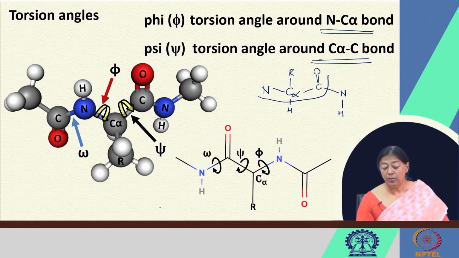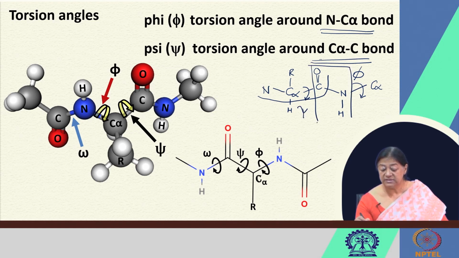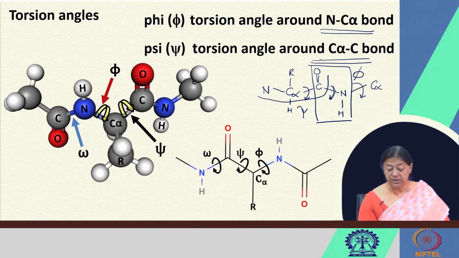So, the next N comes here, right. Now when we have the rotation about the C alpha C bond, that is the psi angle. When we have the rotation about the N C alpha bond, this is the phi angle. What is this? This is our peptide bond. Our peptide bond rotation is also possible, known as the omega angle.